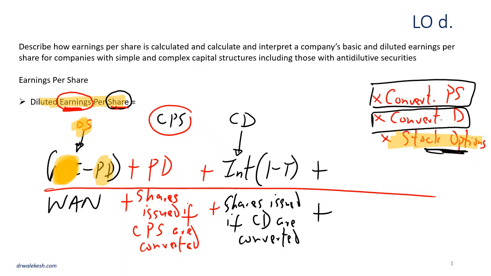If you are granted a stock option by your firm, it is obvious that there will be currently no income until you decide to exercise your right. So if you decide to exercise your right, then we will have this. That will be shares issuable from stock option.